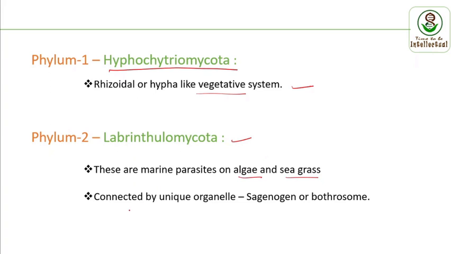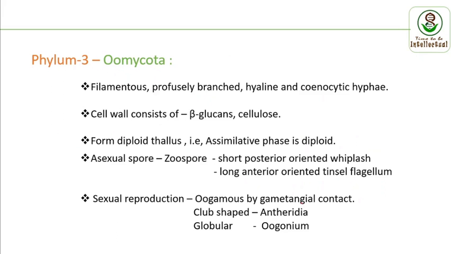The Labyrinthulids are each connected by special organelles, the sagenogen or bothrosome. These are two unique organelles present only in the Mycota as connecting structures. So now let's see the third phylum, the very important phylum Oomycota.